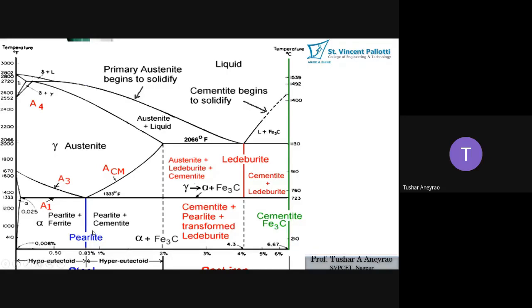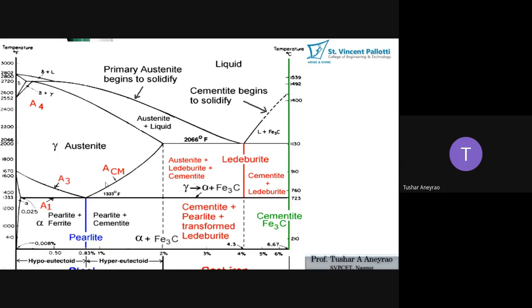Okay, we can call them allotropes of the iron, but why we call ledeburite and pearlite phases is just due to their distinguished physical nature.